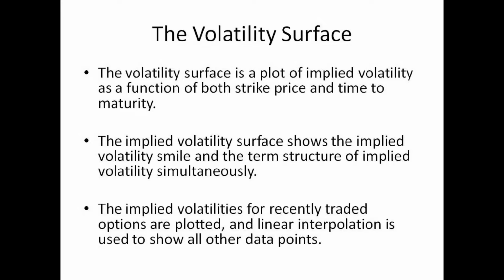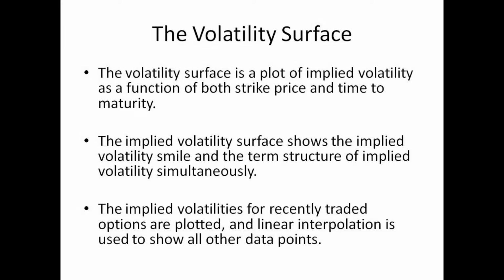So it's essentially, if we look at all of the options that are out there, whether they are different strikes or different expirations, and we plot the volatility of all of those in sort of a 3D chart, we will see both the smile and the term structure simultaneously.